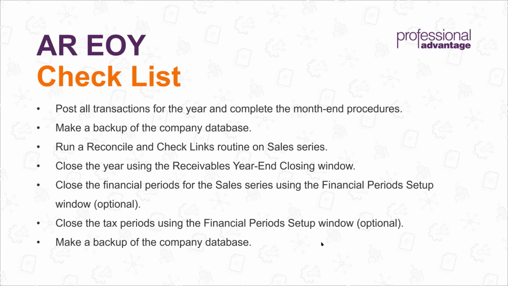Now, bearing in mind, if you still have AP you need to process, perhaps it's a good idea to leave the tax period open, because AR might not be the last module that you need to close financial periods for. So you need to do this accordingly, yeah? Close the tax period. And again, after all of these, we recommend you do another company database backup. Okay, so these are the things that we need to do for the AR end-of-year process.